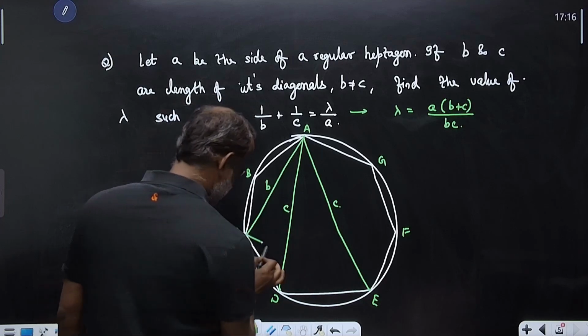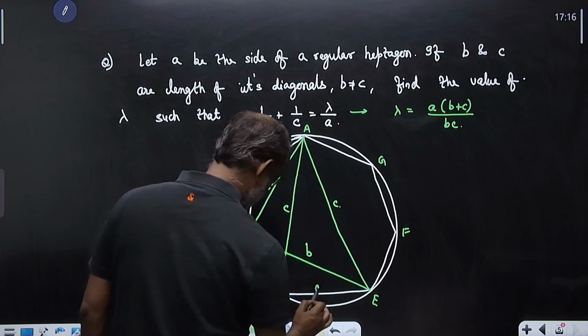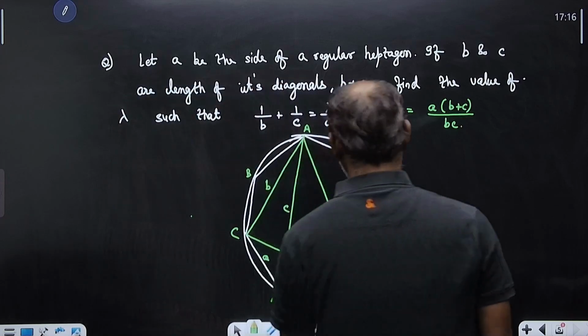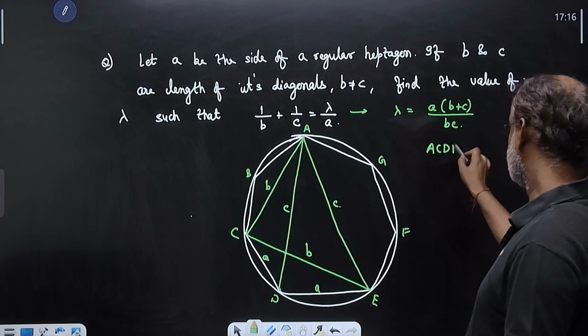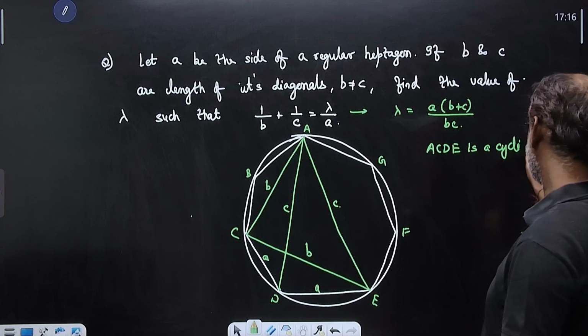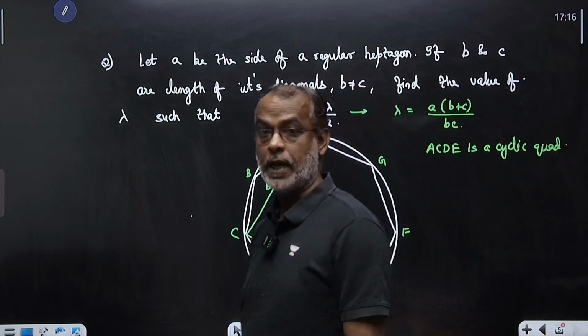What will be this length? This length too is going to be b. These sides are a. So if you consider quadrilateral ACDE, it is a cyclic quadrilateral, isn't it? It is a cyclic quadrilateral.